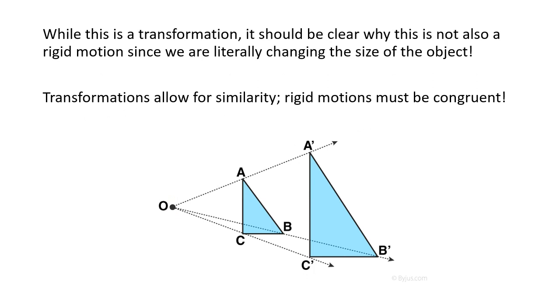So this is a transformation, but hopefully it's obvious why this is not a rigid motion. Because remember, a rigid motion is not going to change the size or shape of the object. We're not changing the shape. We're going from a triangle to a triangle, but we're clearly changing the size. You feasibly could do the dilation with a scale factor of 1 and keep the object the same.